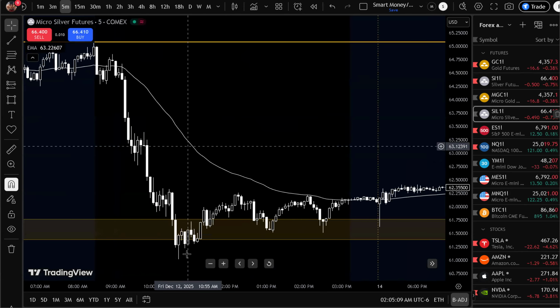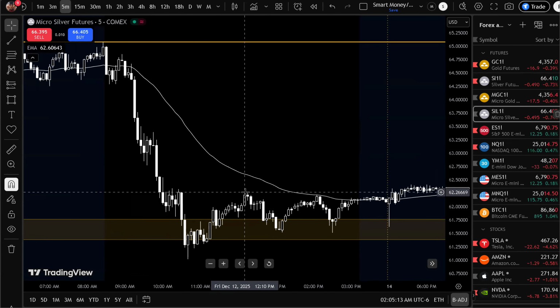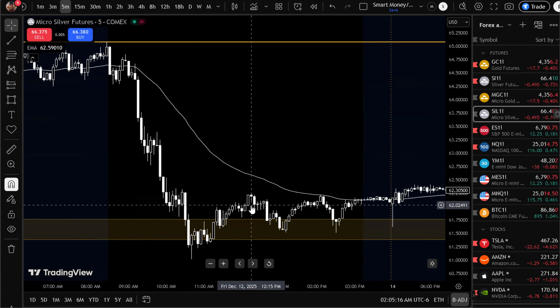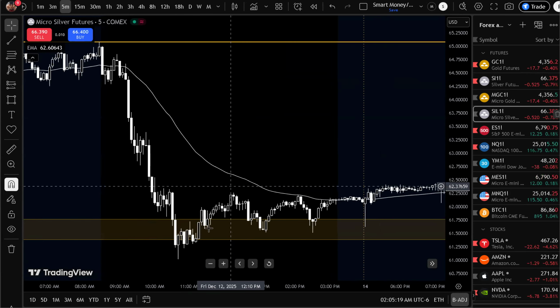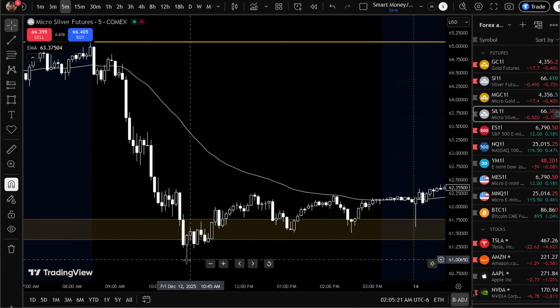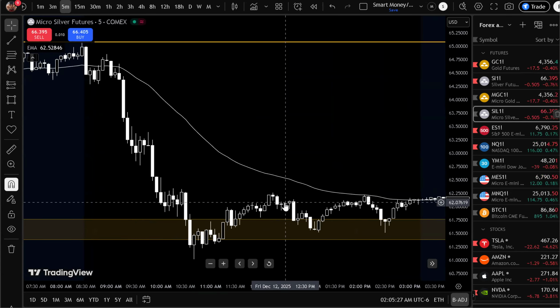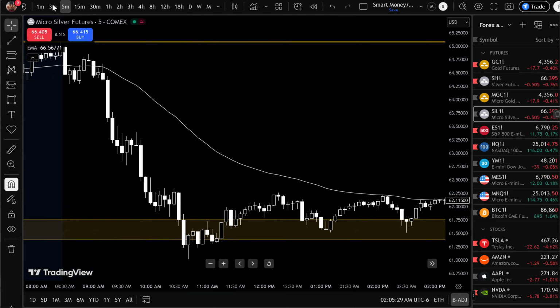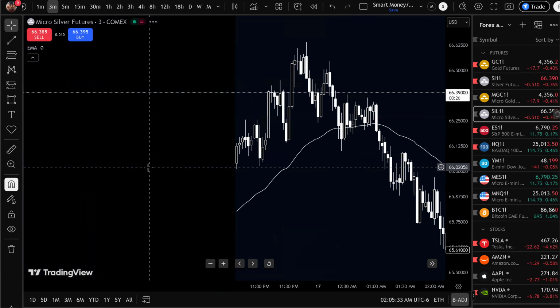So once price gets there, we're going to start looking for some bullish price action, right? We want to see some bullish price action. Now, what do we have? All right. So we made this low right here. Then we started making higher lows. All right. And then look at what we got. Let's go to the 3. I think the 3 is gonna get us something a little more clear. Watch this.